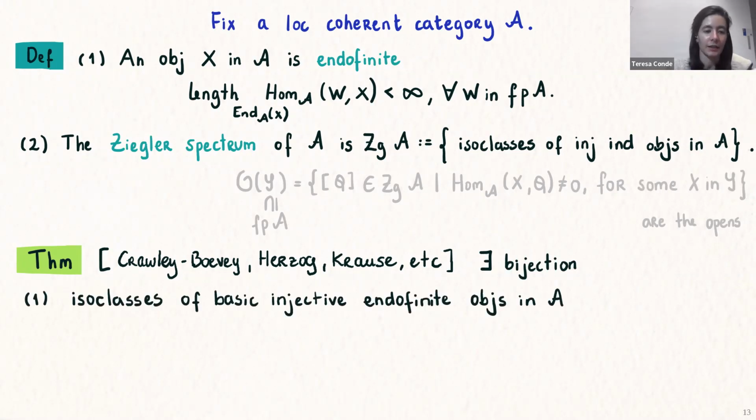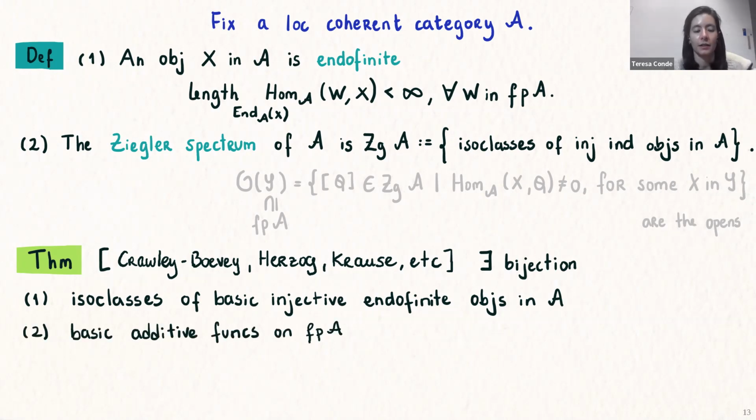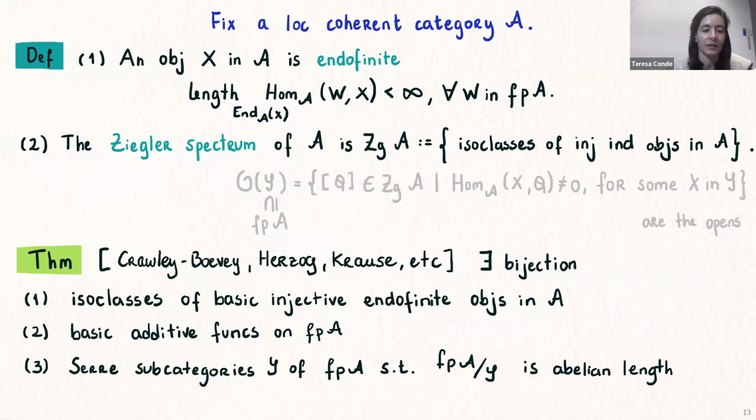It turns out that the isoclasses of basic injective endofinite objects in our locally coherent category A are in one-to-one correspondence with basic additive functions on the finitely presented objects of A, which are in turn in bijective correspondence with Serre subcategories S of the category of finitely presented objects, such that the corresponding Serre quotient is an abelian length category.